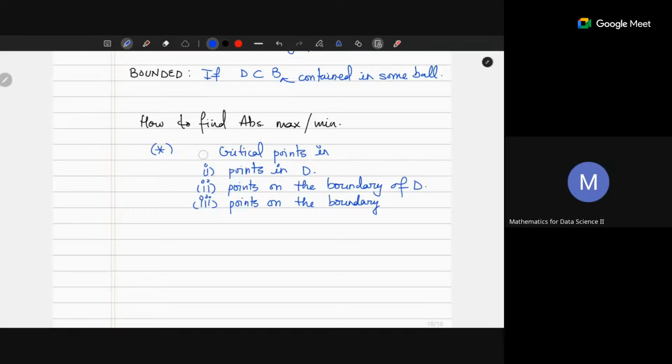In particular, we find critical points inside the domain D, or on the boundary of D, or on the boundary of the boundary of D.